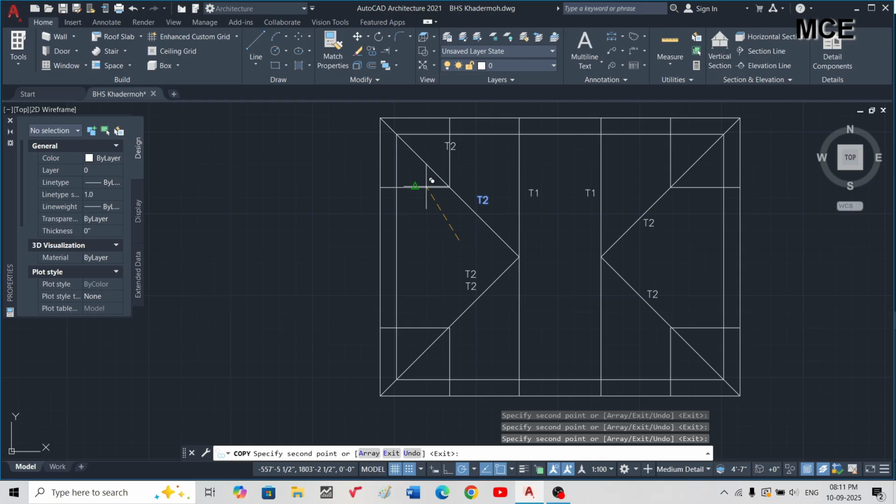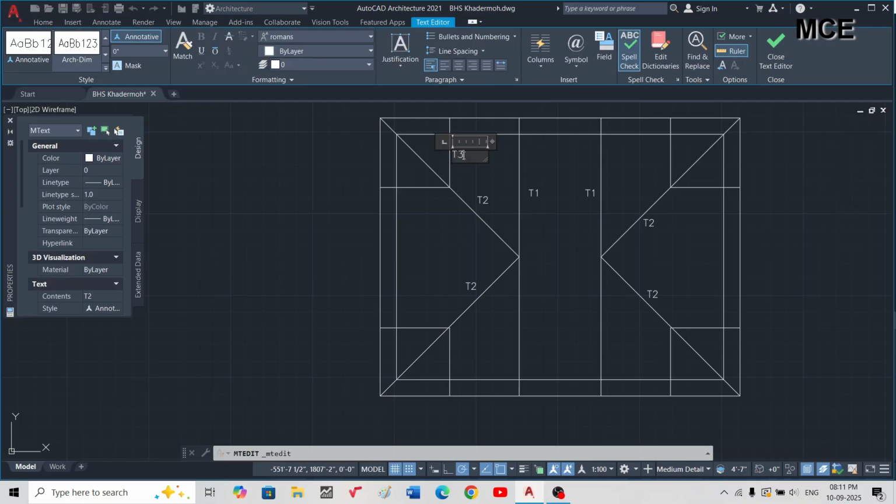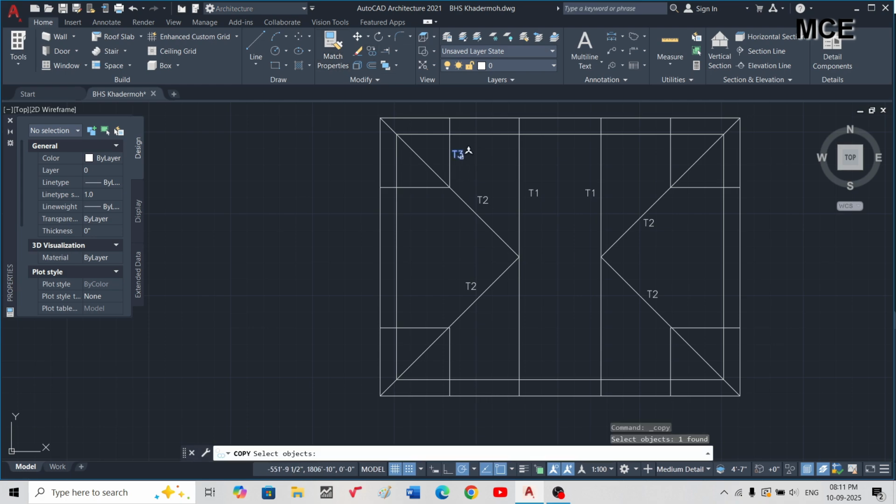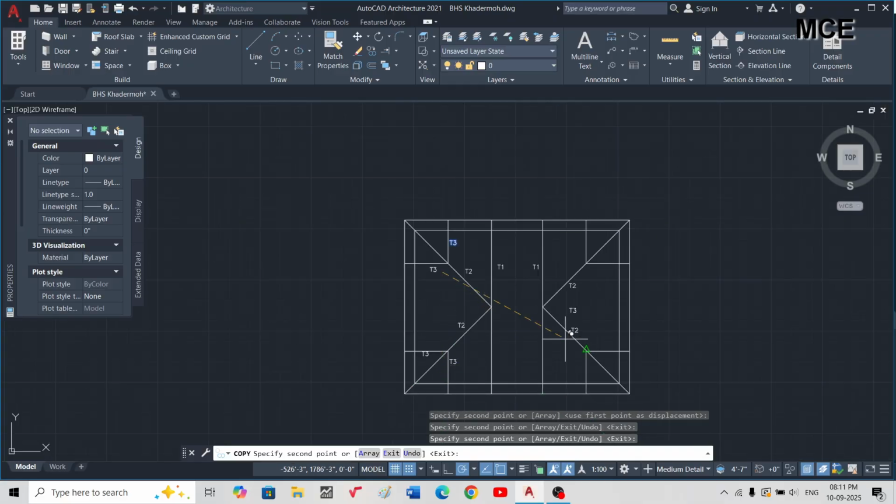And these smaller corner trusses, let us call them T3, T3, T3, and T3.